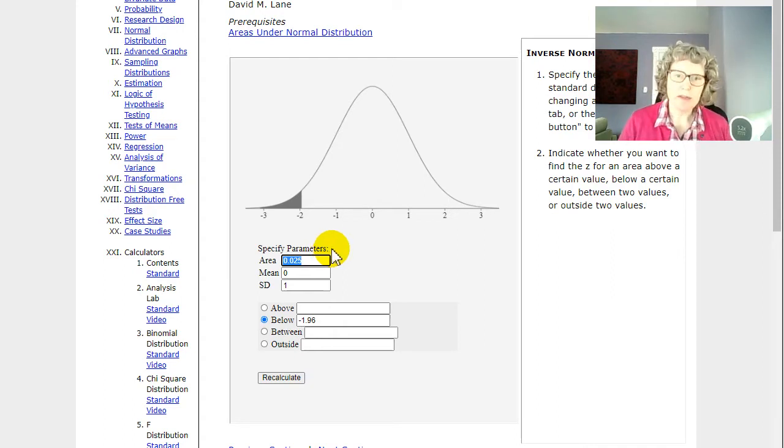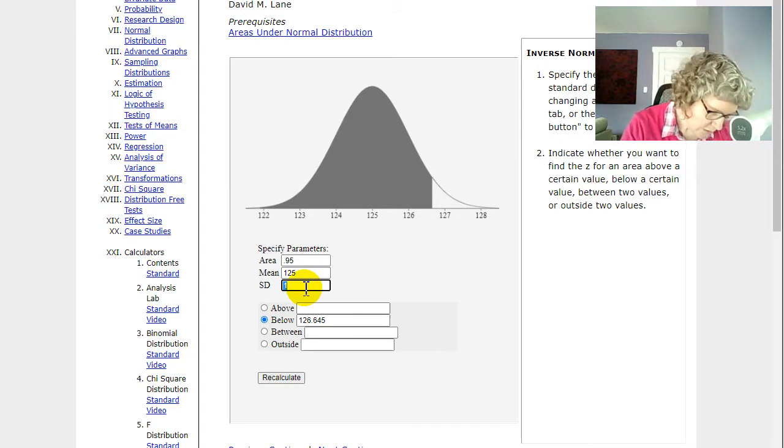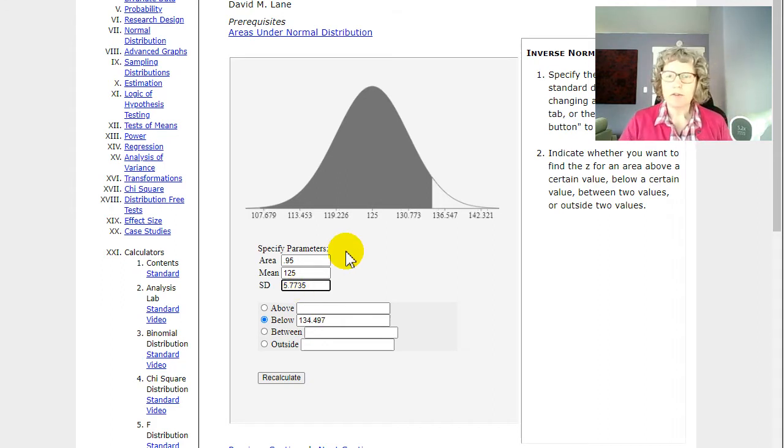That would be the same thing. So I'm going to put in my area of 0.95, and I have to re-enter my mean and standard deviation. The mean is 125, and the standard deviation is 5.7735. Hit enter so it adjusts.